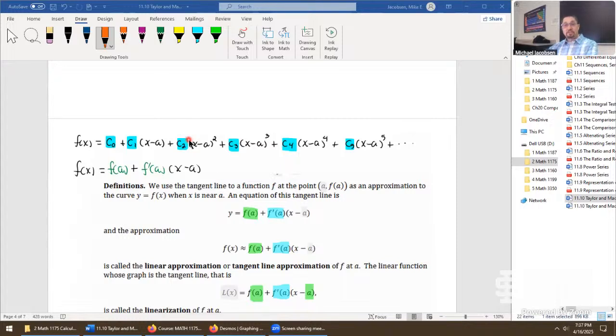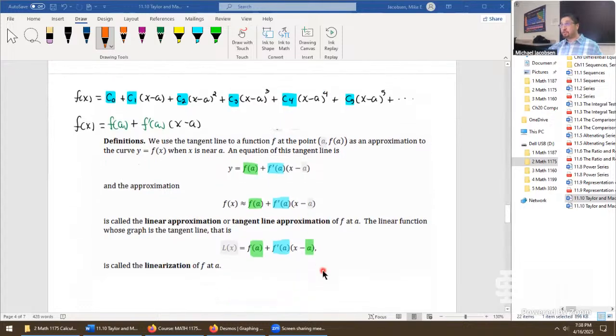Then the power series gives us more information. It gives us the quadratic approximation. We add 3 terms, we have the best local quadratic approximation to e to the x. Or we could go to the cubic or power 4 and so on. So that's what this is really all about.